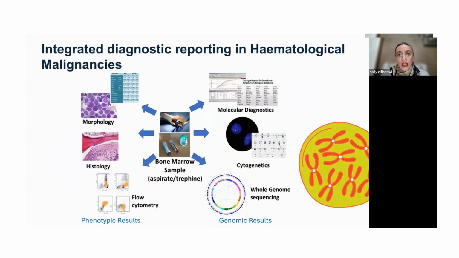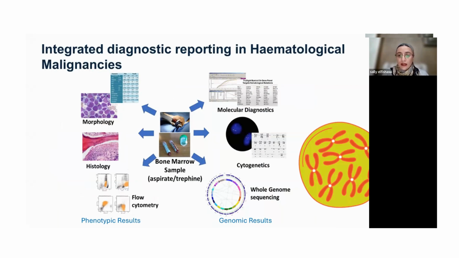So whenever we look at hematological malignancies, we have to have an integrated diagnostic approach. We look at the phenotypic results, that's the morphological assessment of the blood and bone marrow and the flow cytometric results of the cells and their commitment.